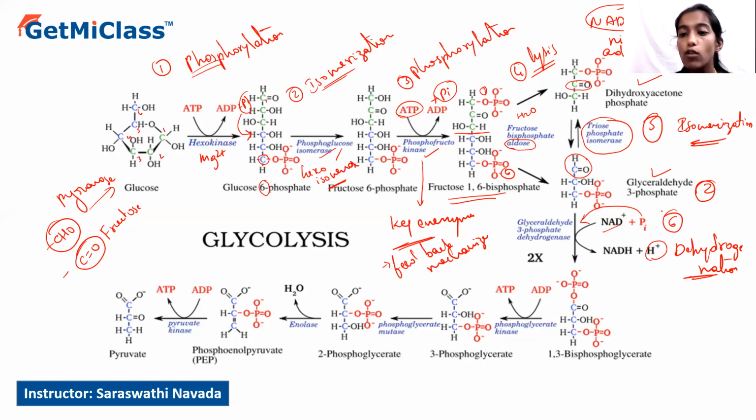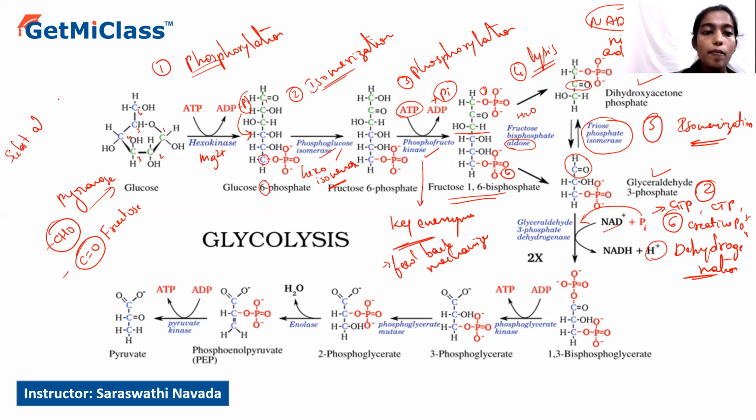The phosphate donor may be either GTP, guanosine triphosphate, or cytidine triphosphate, or creatine phosphate. These are some of the phosphate donors present in our cell, secondary to the ATP, and these also act as energy compounds in our body. Here the addition of phosphate from a molecule other than ATP is called substrate level phosphorylation. So in the 6th step of glycolysis, we can see substrate level phosphorylation.